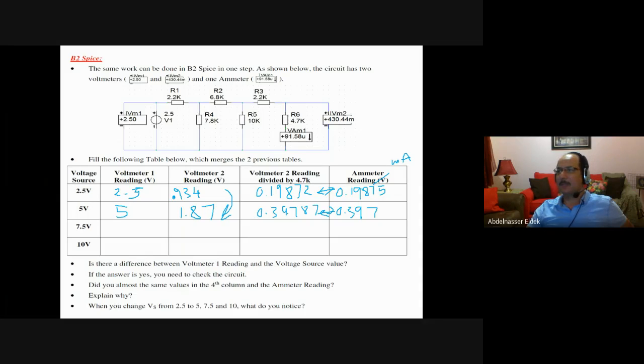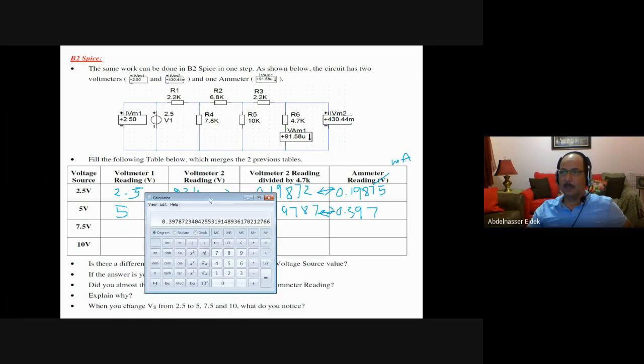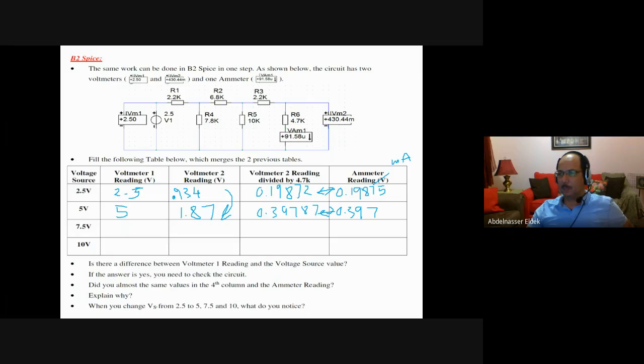Even if this one is 0.398 and this one is 0.397, there's no big difference between them, and so on. So this is what you need to do for this part. You continue, make it 7.5, make it 10, and so on.